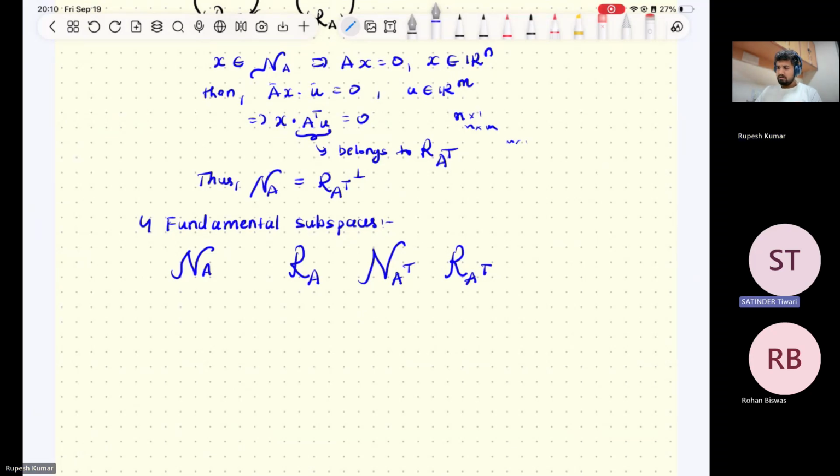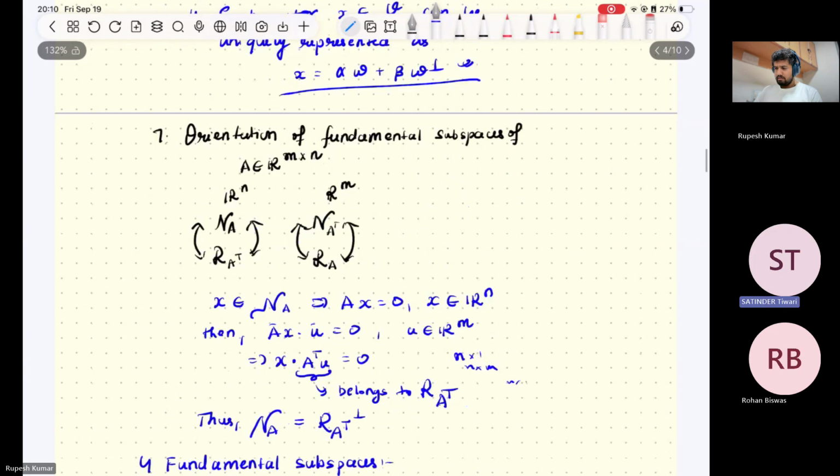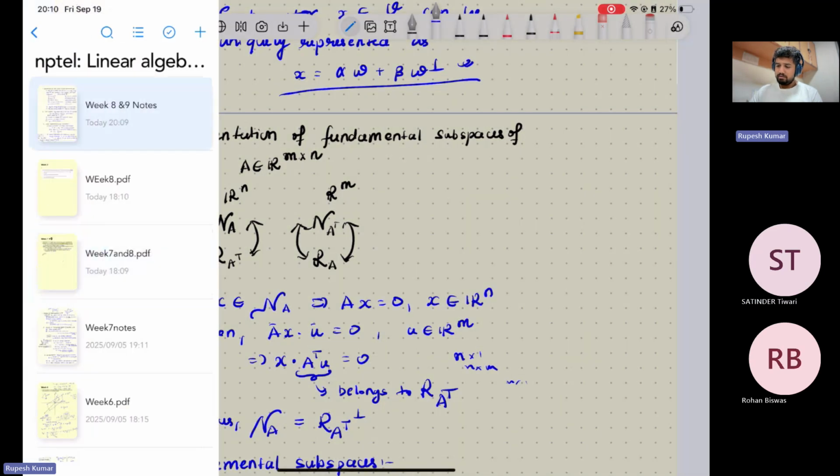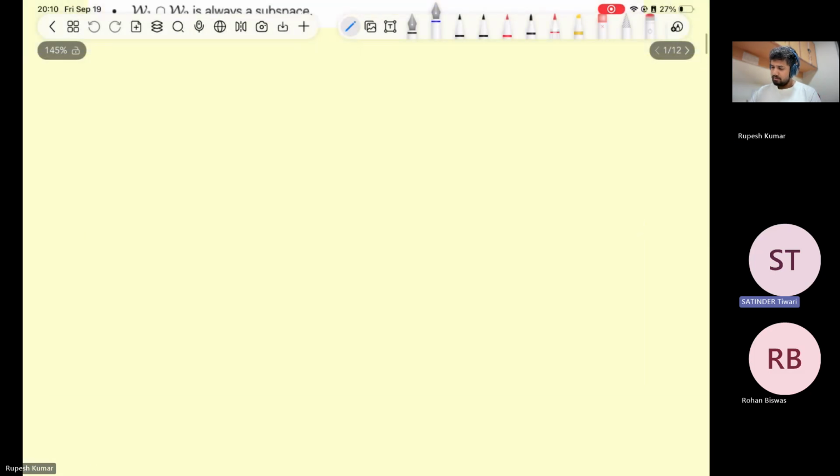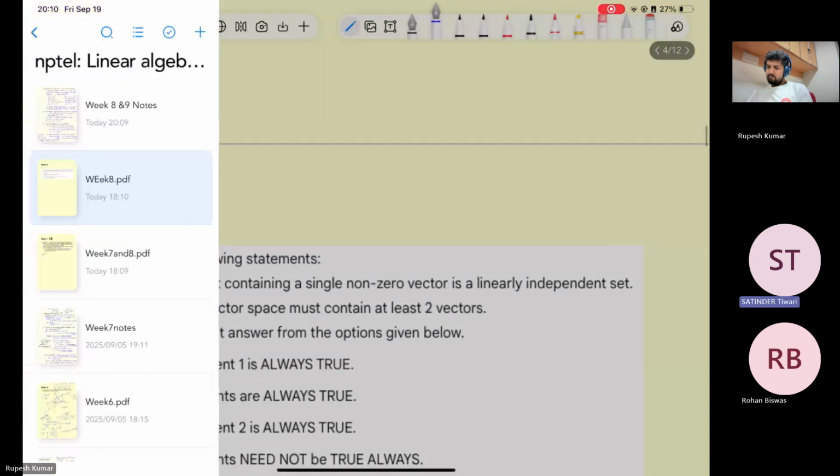Sir, can we do one question on the basis of this, like a rank nullity one? I want to cover the problems in the next session because time's up. But if we do one question, we can get a little clearer picture. Only one question, short.